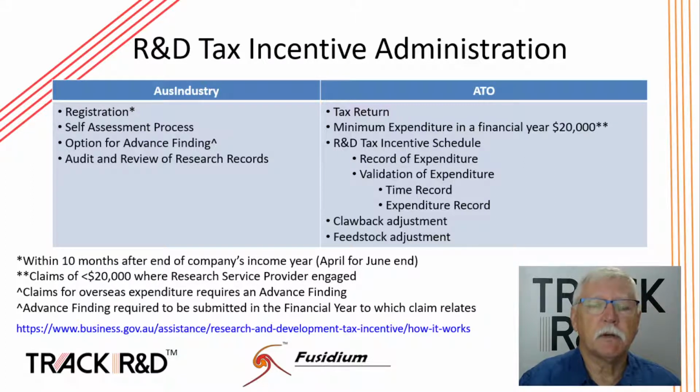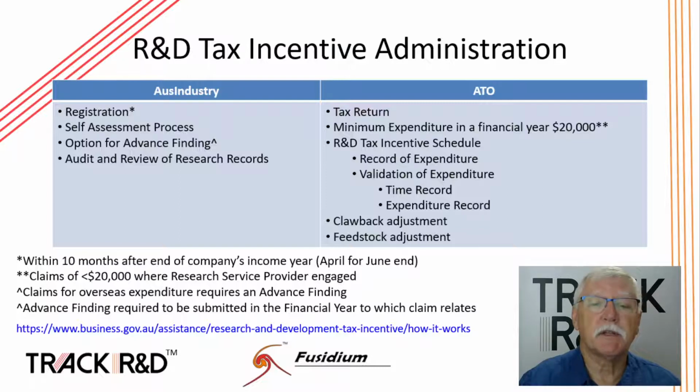The Australian Tax Office is responsible for processing tax returns. They will assess the tax incentive schedule, which is a record of the expenditure that you have claimed with respect to the R&D tax incentive. The ATO expects that you will be able to validate your expenditure through records such as timesheets and expenditure records within your chart of accounts.